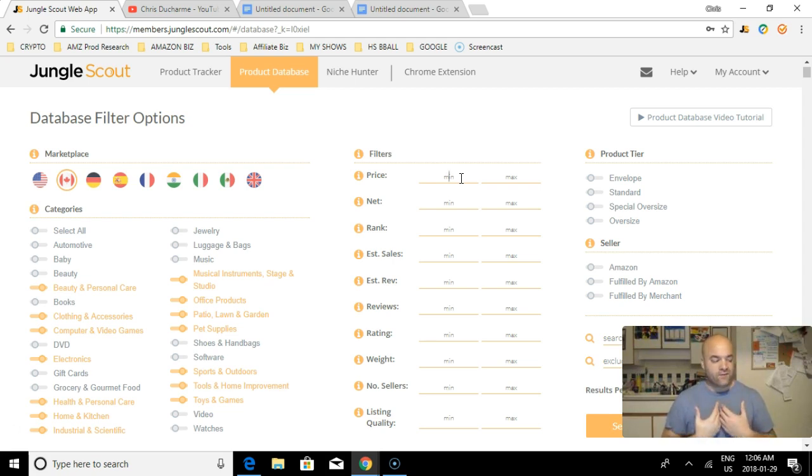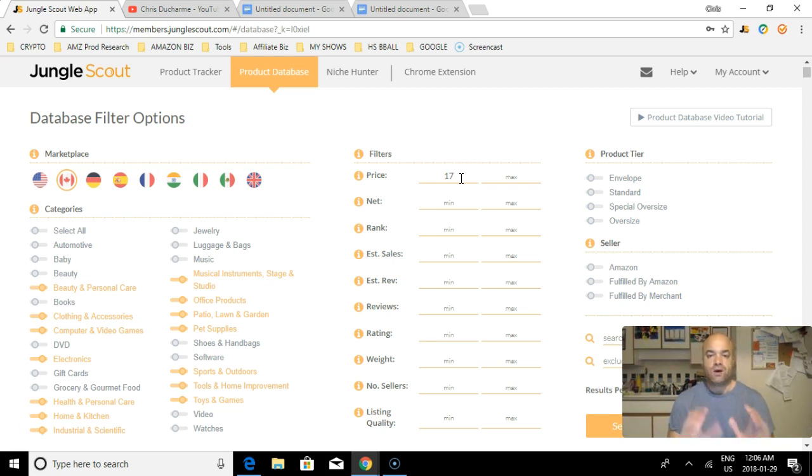Now I have a thing about having room to play with your price. When you're only working with stuff that's $5, it doesn't leave you much wiggle room. So knowing that your landed cost at a $5 buy with a $7 Amazon FBA fee is going to be $12, we're going to make your minimum 12 plus 5, $17.